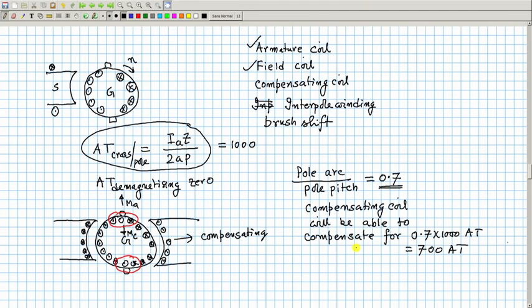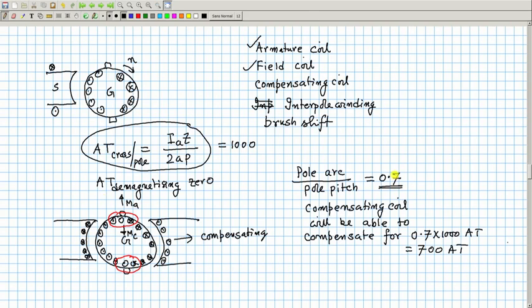If I know the armature current, and I connect the compensating coil in series with the armature, then by dividing this AT by the total armature current, not IA by Z, because the compensating coil will be connected in series with the armature, I can fix the number of turns needed for the compensating coil. That is over.